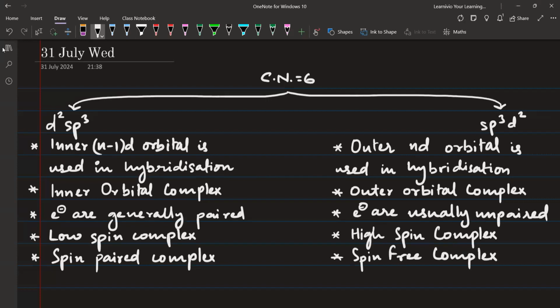So the CBSE board examination has never used these words till now, spin paired and spin free, although they are mentioned in NCERT as spin paired and spin free complexes. Okay, so keep this in mind. Raise your hand once you're done.